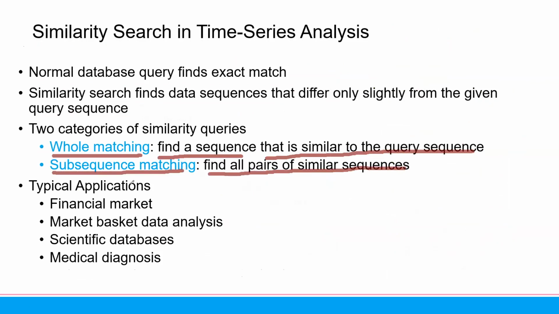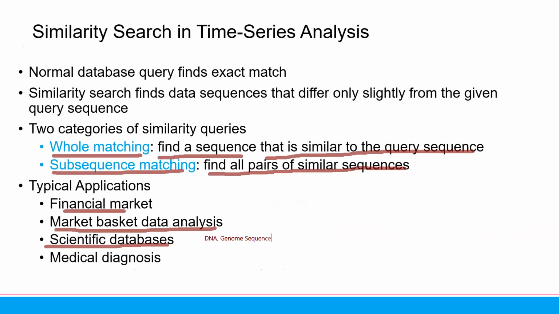We can use some of this in the financial market or the market basket data analysis. I think you still remember this one. It is from the association rule. Scientific database, usually we use this one for DNA analysis, or if you learn the genome sequence, we can find whether two persons are brothers and sisters.